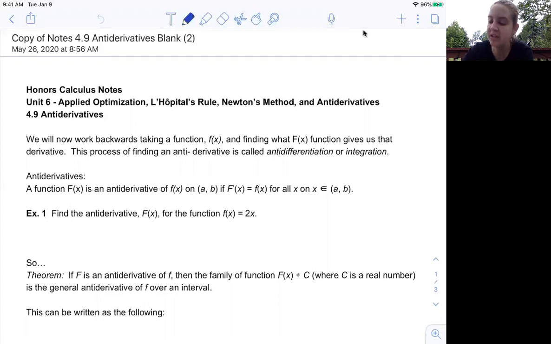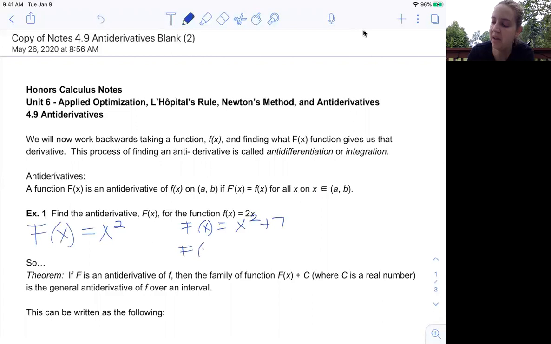So what you need to ask yourself is, what was that original function? So we're going to use capital F of x and think to ourselves, okay, what would give us 2x as a derivative answer? And the original problem had to have been x squared. The issue with that is we don't know if it was x squared plus 7.